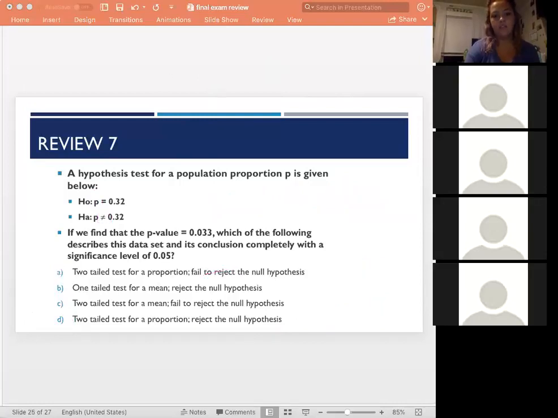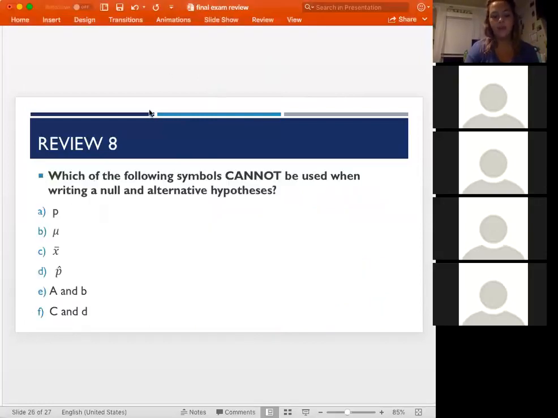All right, one last question. Which of the following symbols cannot be used when writing a null and alternative hypothesis?